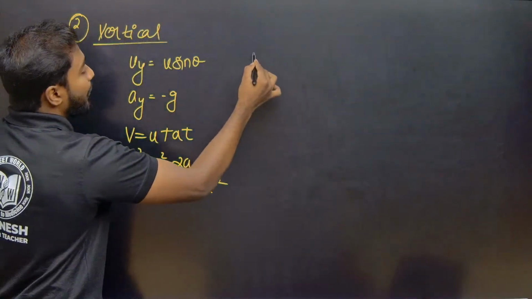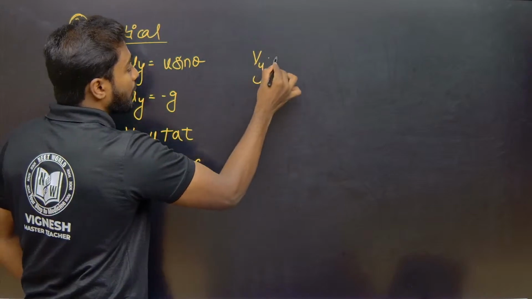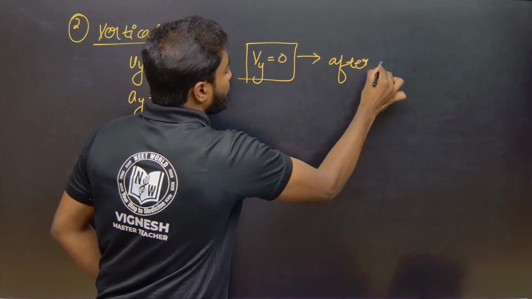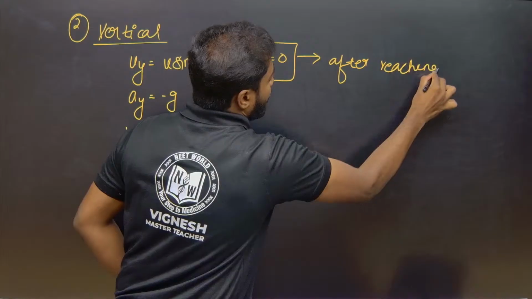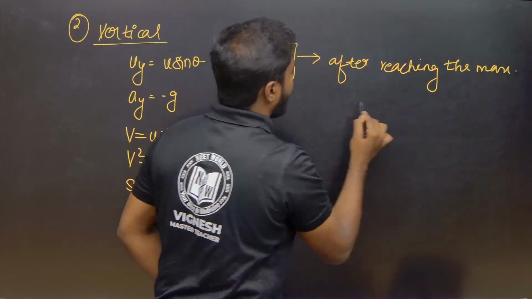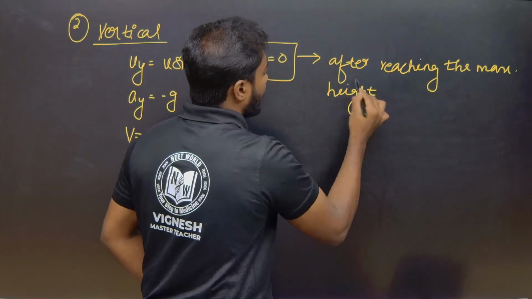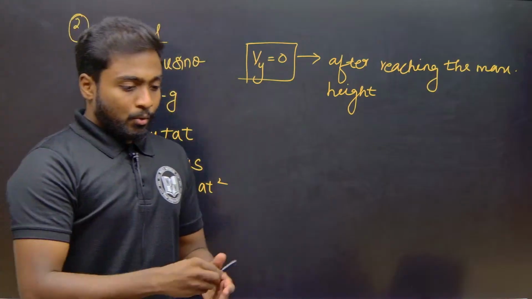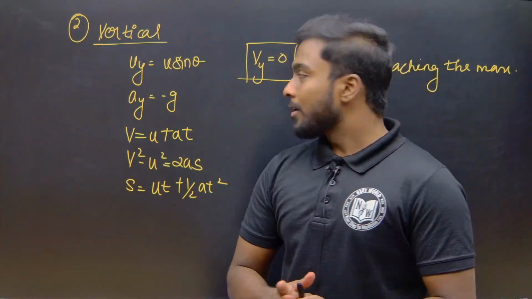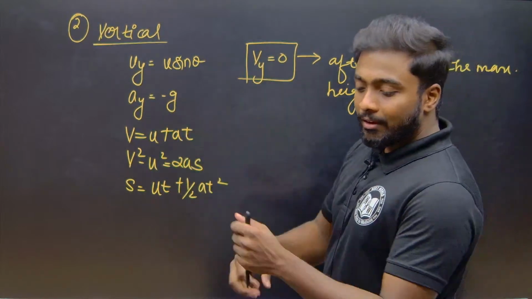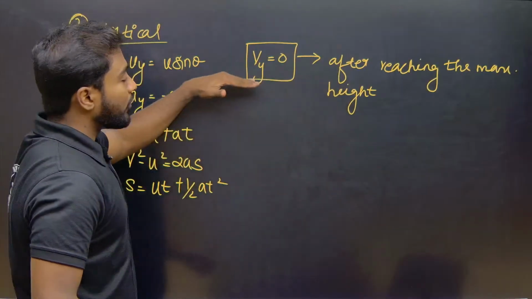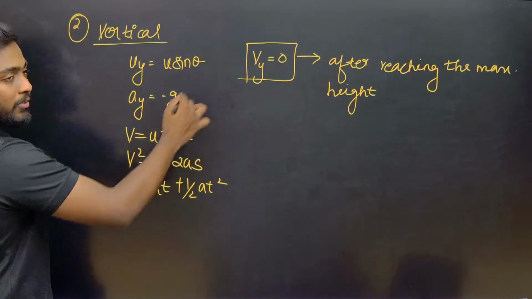So the final velocity Vy equals 0. Whenever you throw an object upwards, obviously it will come down, because the gravitational force is pulling it down, that's why the velocity becomes 0.